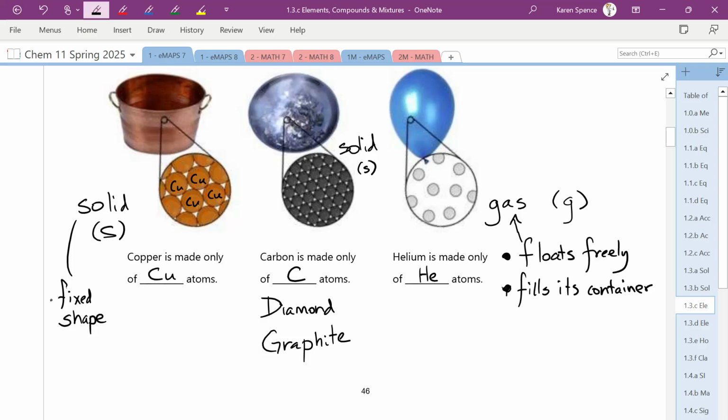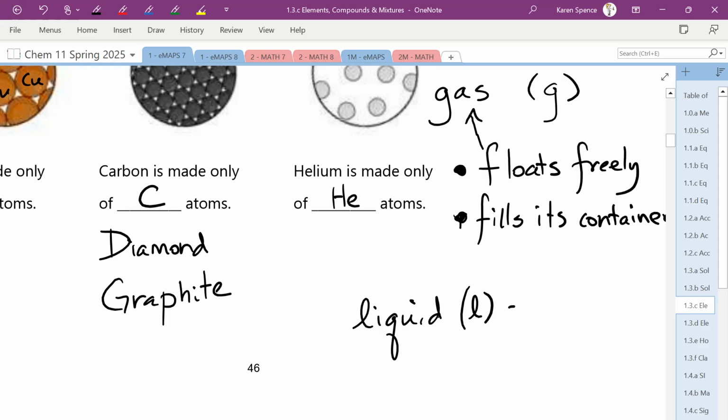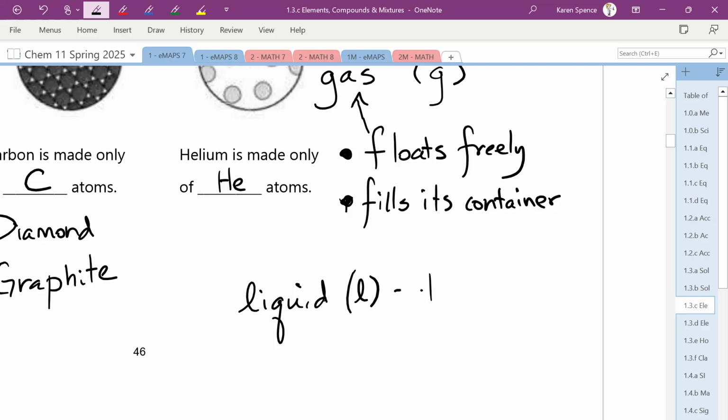So a solid has a fixed shape. And we'll just put that a liquid, what is the abbreviation for liquid? L. A liquid takes the shape of its container. And the particles are tightly packed.